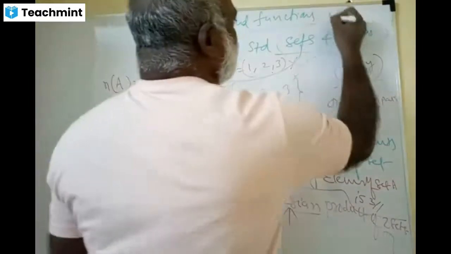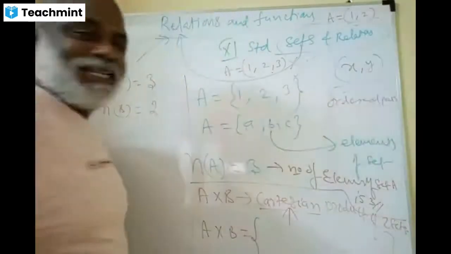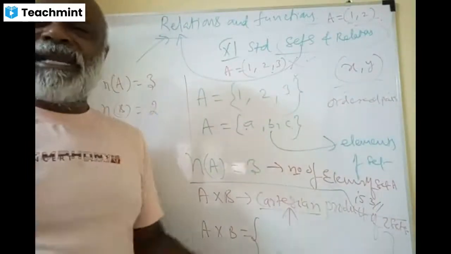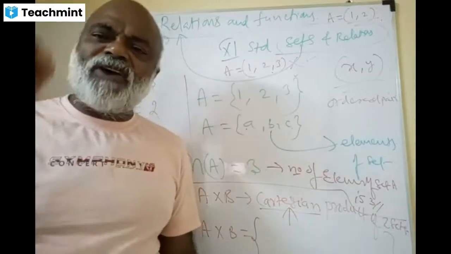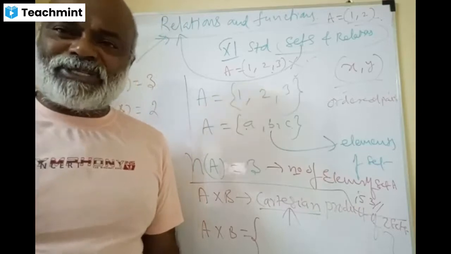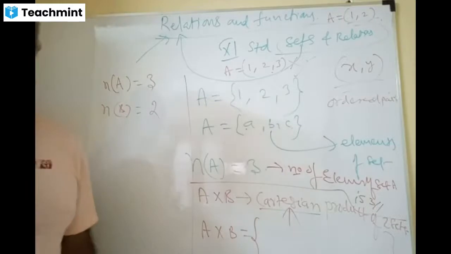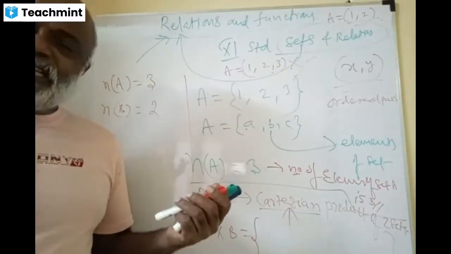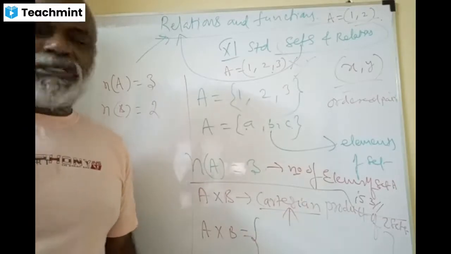Suppose there are two elements, 1, 2. If you write it without braces, then it becomes an exclusive interval also. That's why they want to be very clear. Mathematics is so well defined that there is no scope for confusion. That's why they are able to develop systems to such precision. You have such great technologies today because of mathematics, and of course science also.